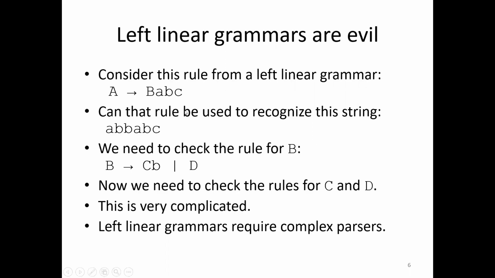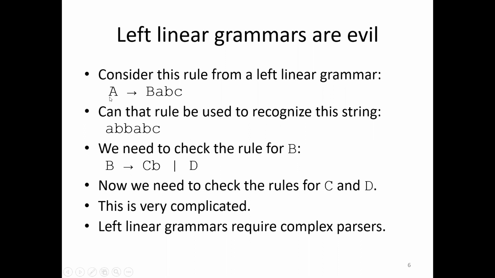Now, left linear grammars are a little complicated. You could see here this production rule: A derives B, a, b, c.